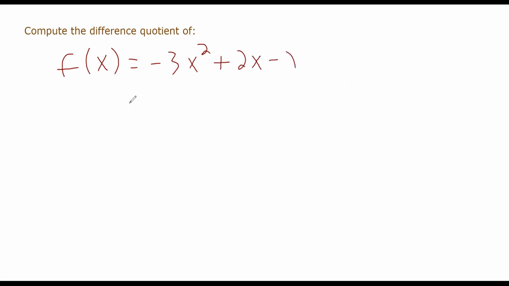And then if you put that question on, you'll be working. So let's compute the difference quotient for this function, negative 3x squared plus 2x minus 8.